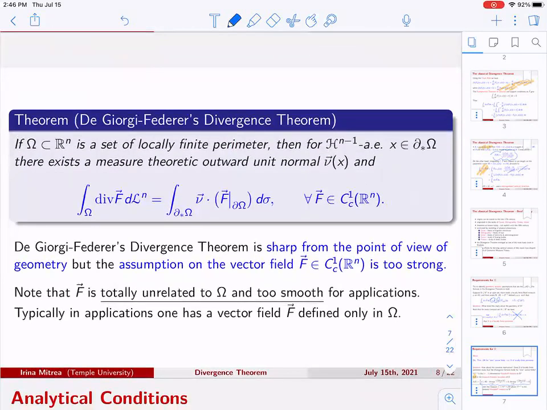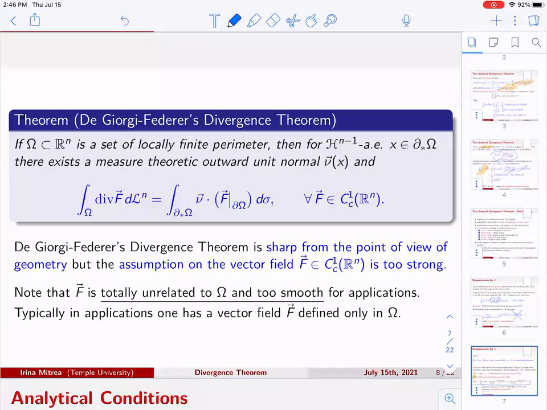The answer to the question that I asked, whether a set of locally finite perimeter would be enough in order to ensure a divergence theorem for nice vector fields, has been answered positively by De Giorgi and Federer in their famous version of the divergence theorem.